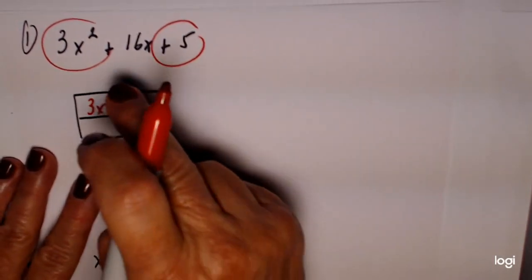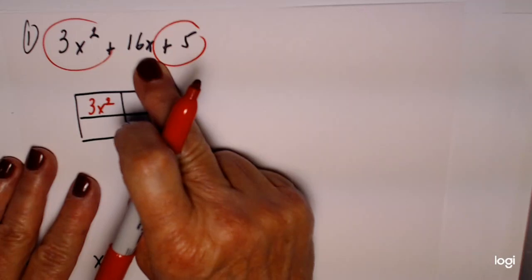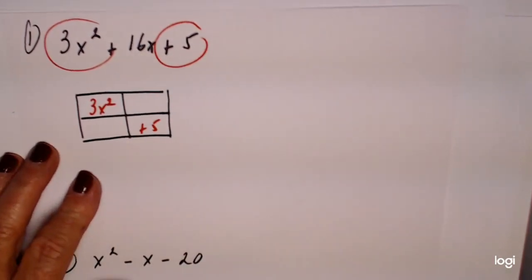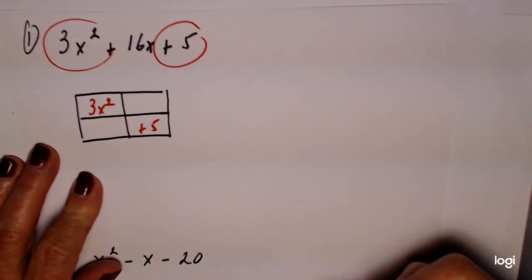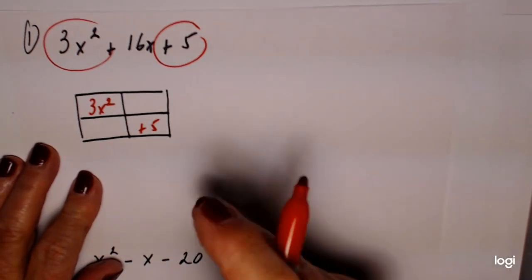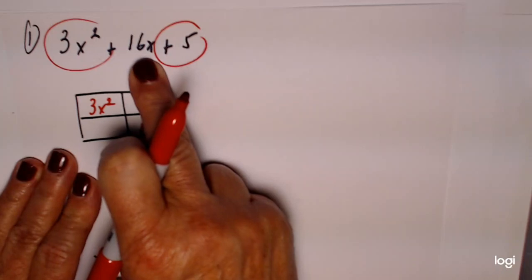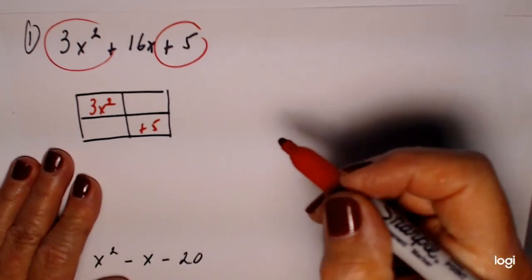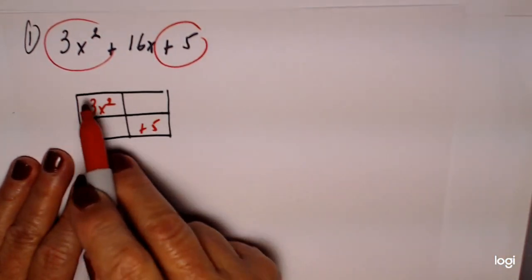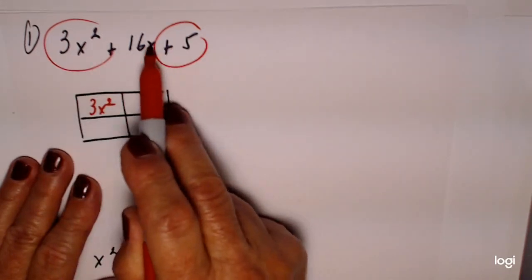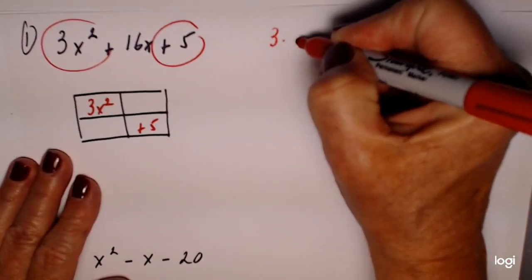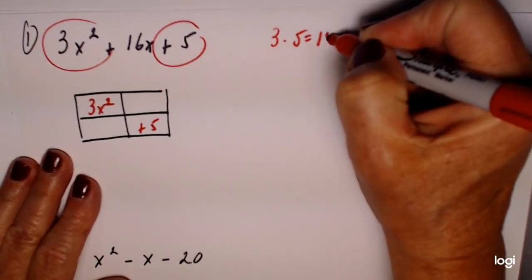Now, for this 16x, we have 2 boxes. So what we're going to do now is look at the process of how we're going to take this 16x and bust it up into 2 pieces. So we take the coefficients that we have, 3 times 5 is 15.